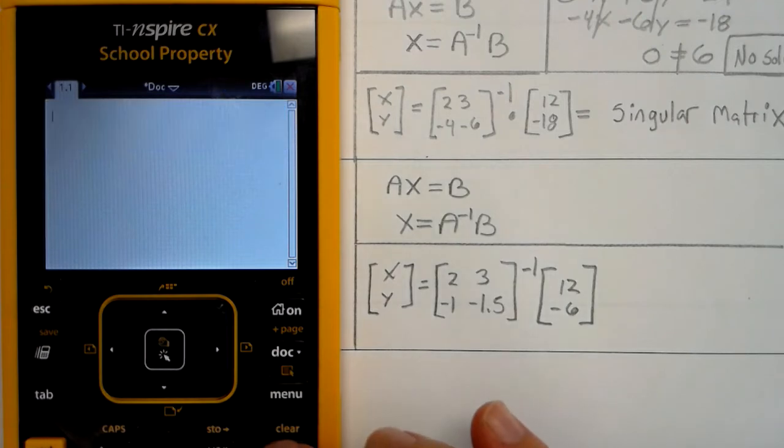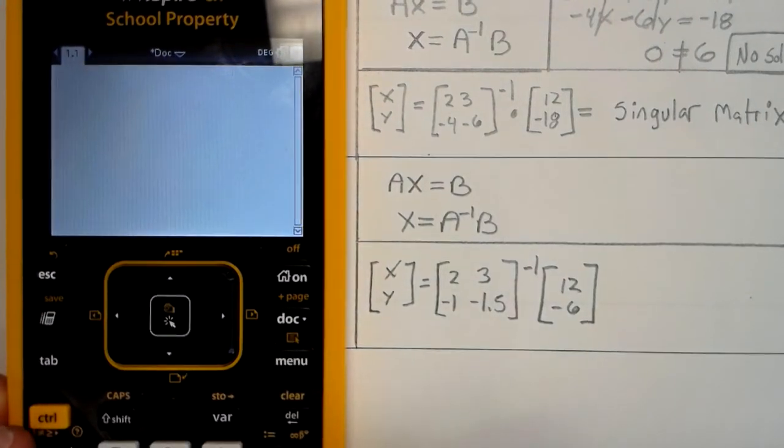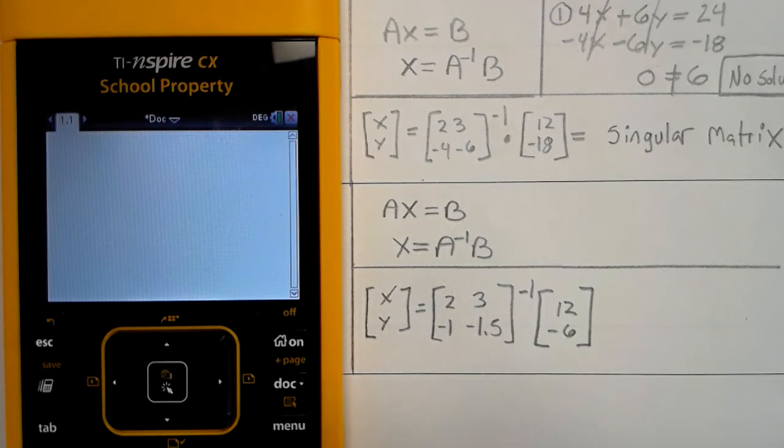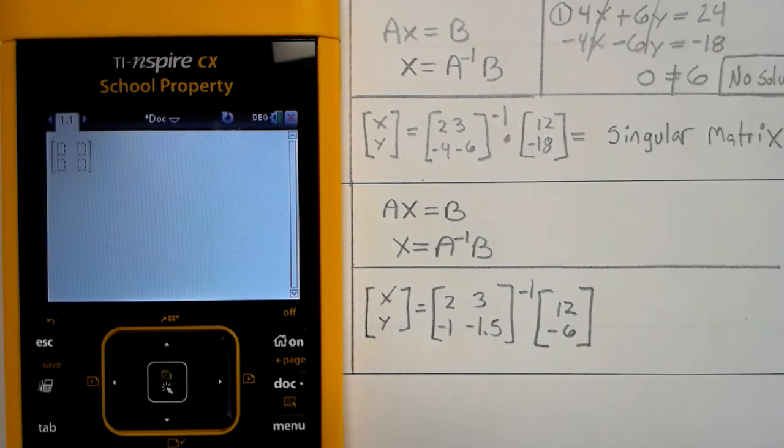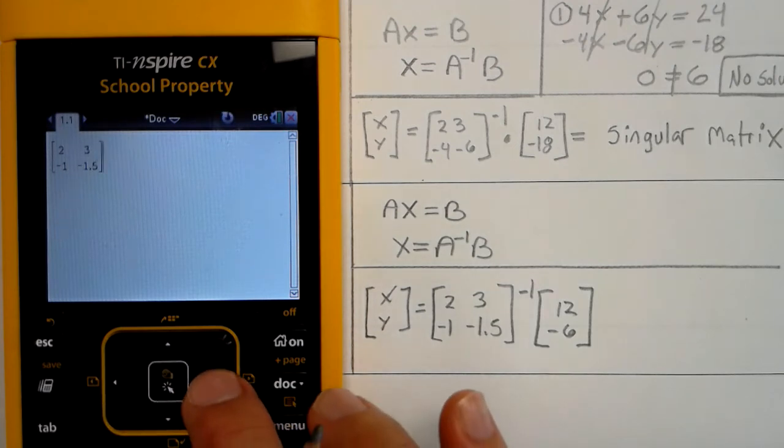And at this point, I think I've shown you where the buttons are enough that we can just go through here. So we press click to the right, the button next to 9, press enter. We know A is 2 rows, tab, 2 columns. So 2, 3, negative 1, negative 1.5.